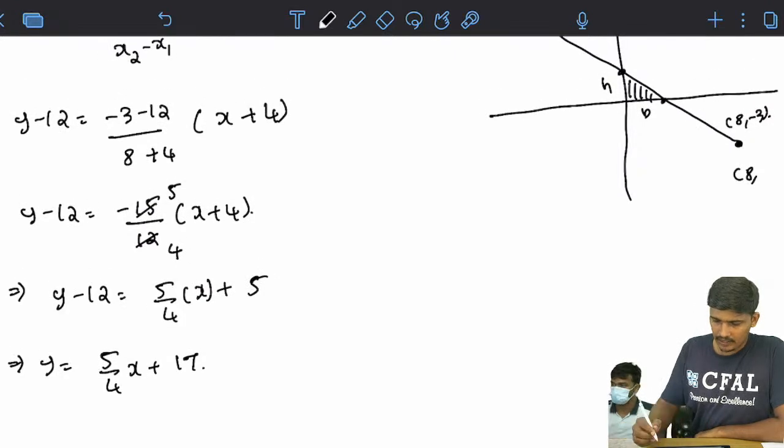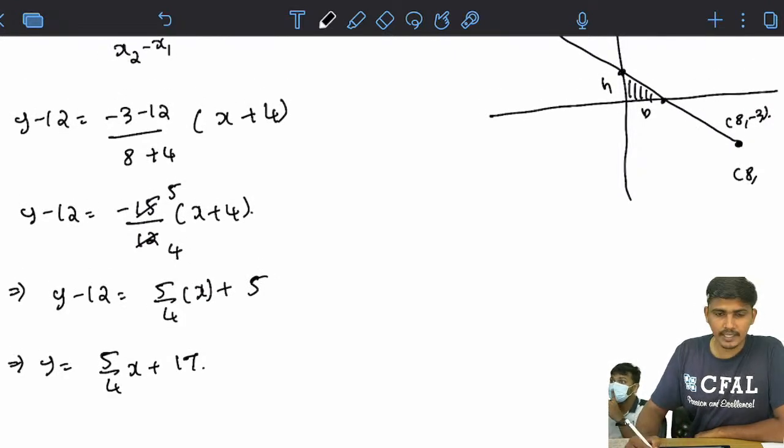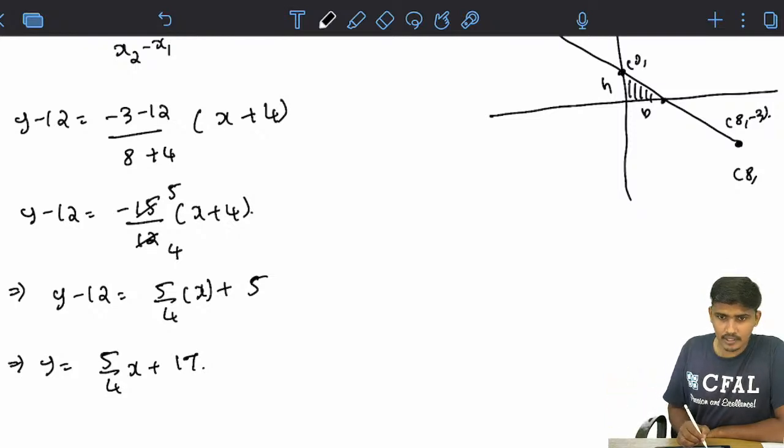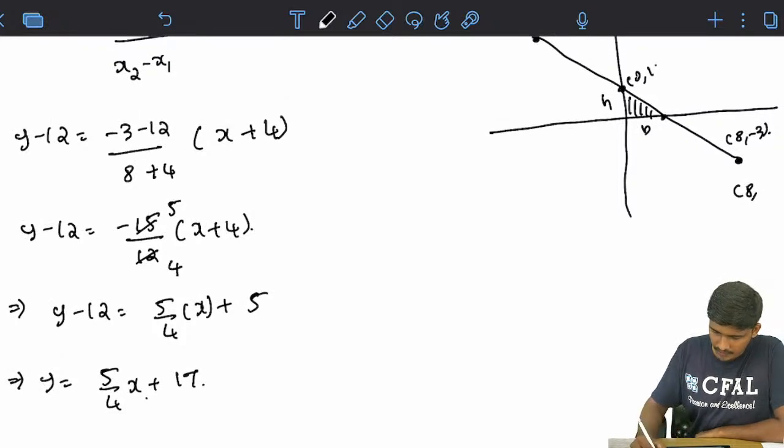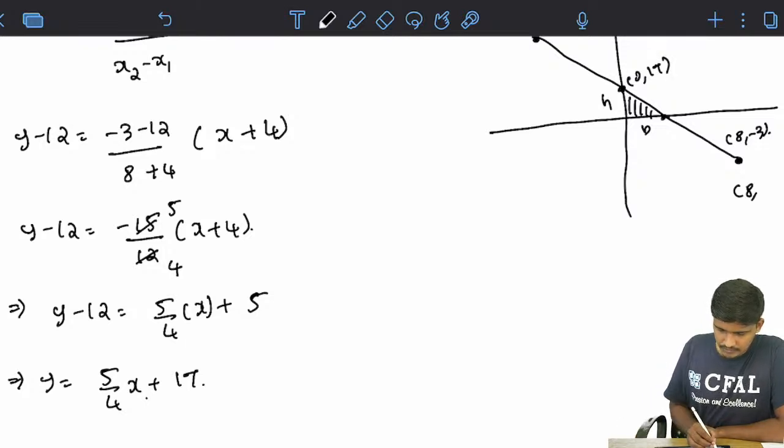Now this point is nothing but just the y-intercept, so its coordinates are 0 and y. Put x equal to 0 and you will get the y coordinate to be 17 here. And what is the x coordinate?